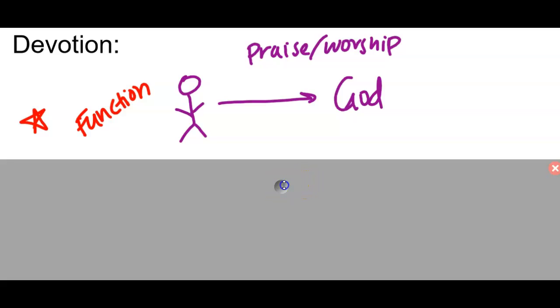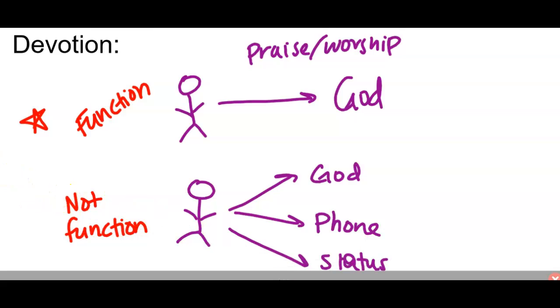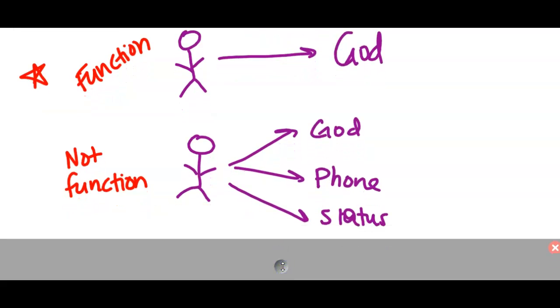But when we are in chapel or church trying to praise God, and we're thinking more about our phone and our social status, our praise and worship is not really functioning as well because we are putting other things before God. So it is important that we put God first, put all of our other stuff down and focus on Him, because this doesn't function.